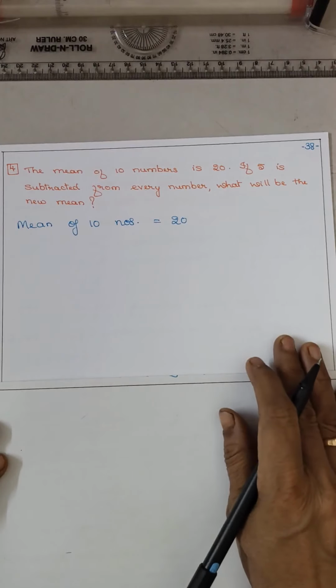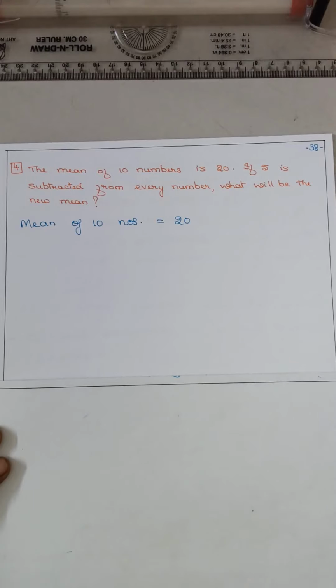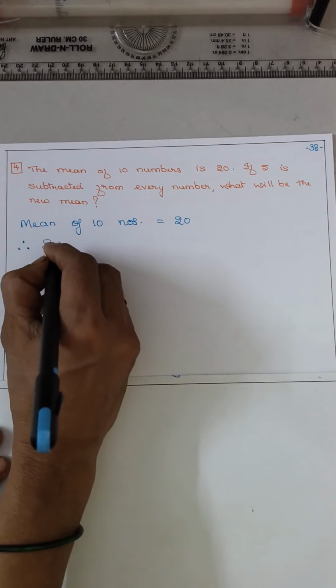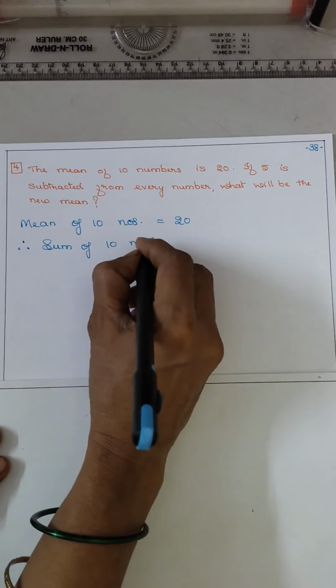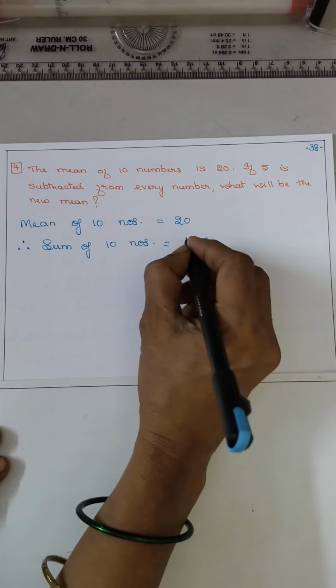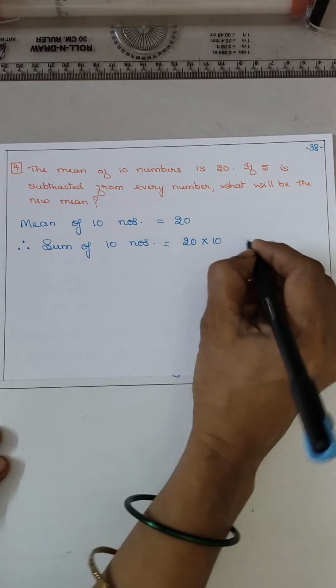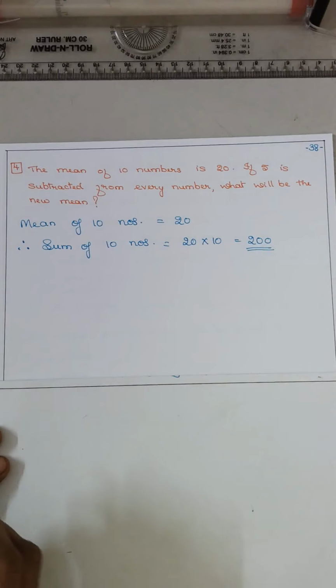तो क्वेश्चन नंबर 1 में ऐसे वाले सम्स किए थे, उधर एडेड डाले थे, इधर सब्ट्रैक्टेड. तो इधर सबसे पहले सम ऑफ 10 ऑब्जर्वेशंस और 10 नंबर्स. सो मीन इज 20, ऑब्जर्वेशन इज 10, so it became 200. Sum of 10 numbers is 200.